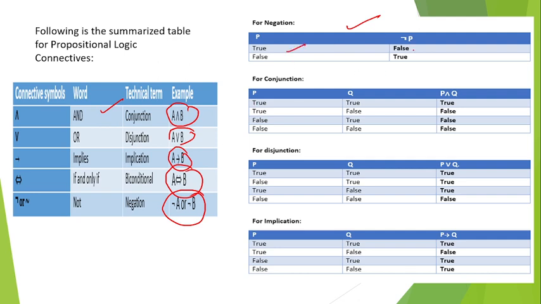If it is true, the negation is false. If it is false, the negation is true. For AND, if both are true, then it is true, otherwise it's false. For OR, if any one is true, it is true, otherwise false. Implies, P implies Q, is based on Q values, correct? So we will see all those things in this one.